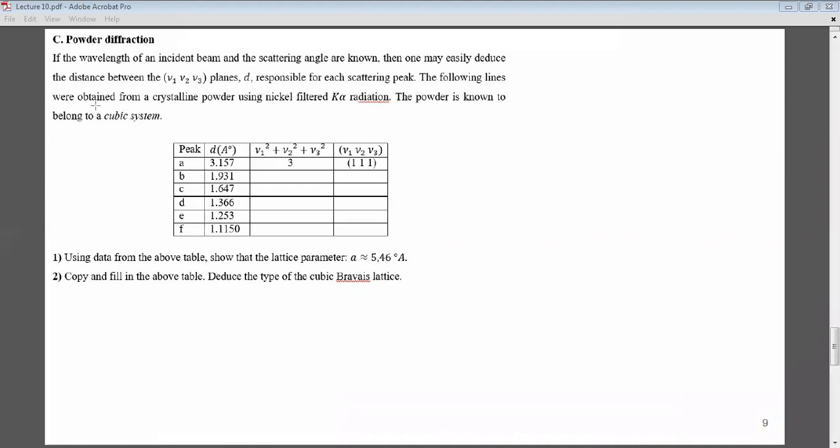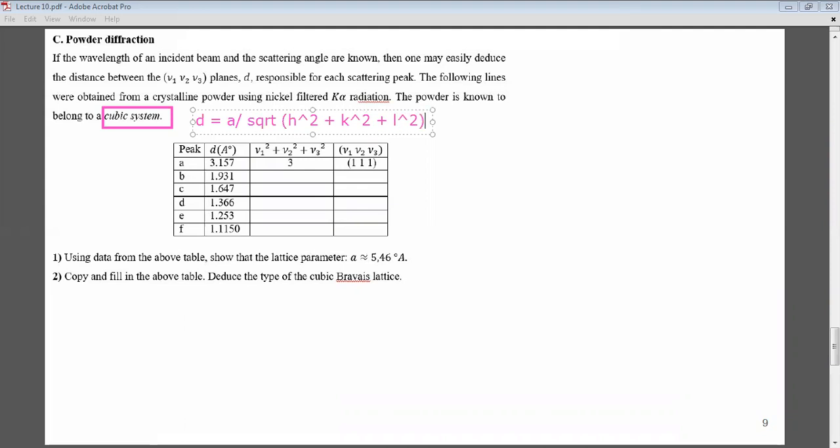Okay, so here, because it's cubic, you need to remember the formula that for cubic, D is equal to A divided by the square root of H square plus K square plus L square.